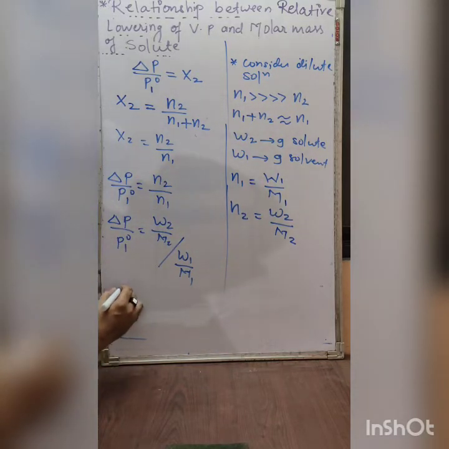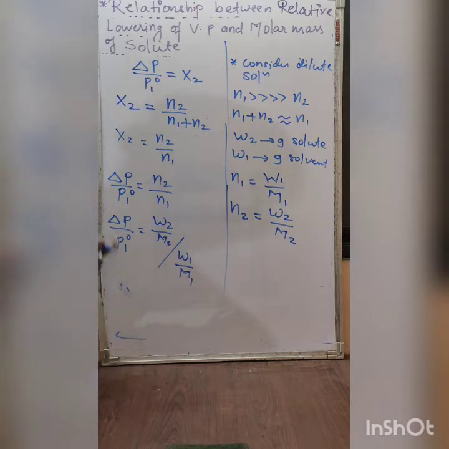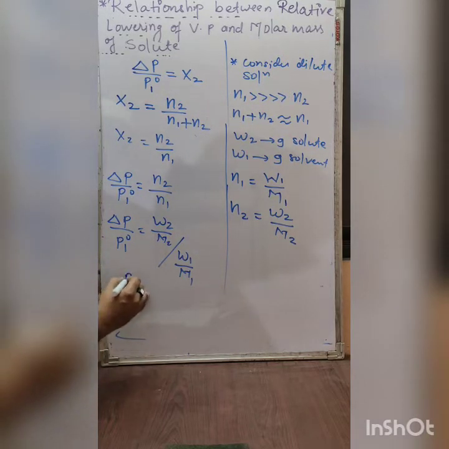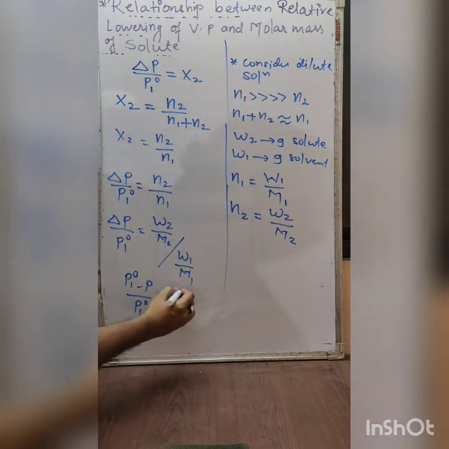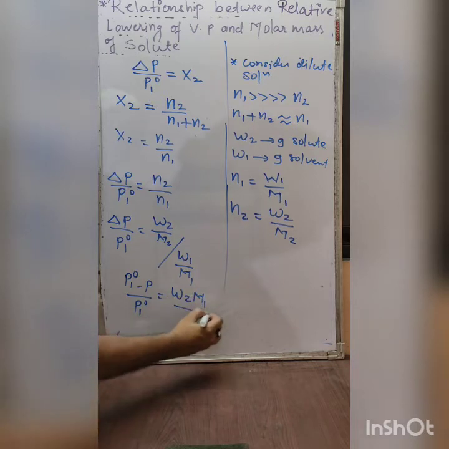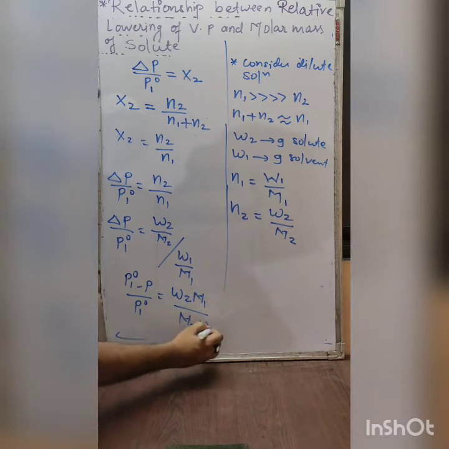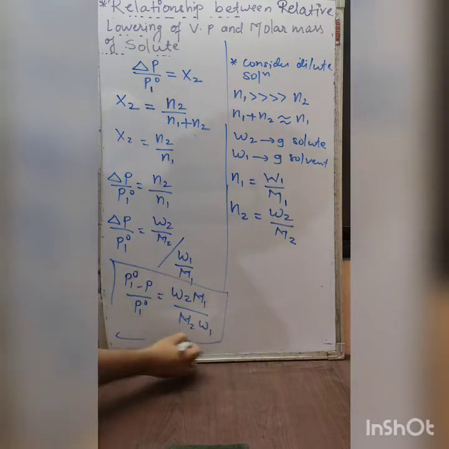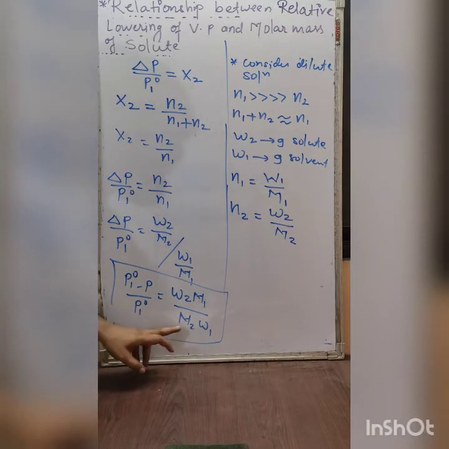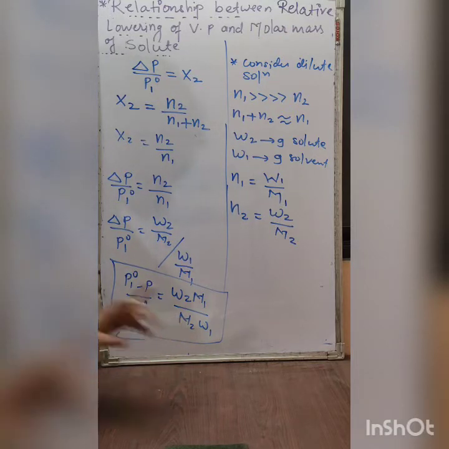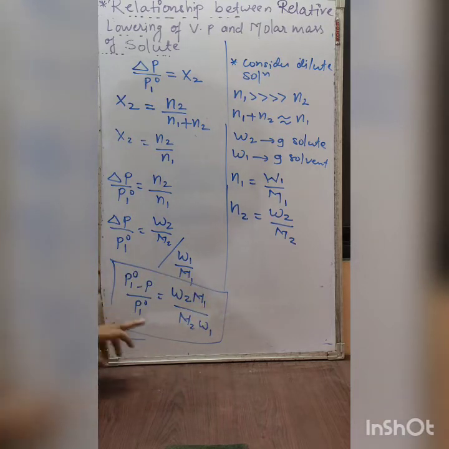In place of delta P I can write P10 minus P upon P10, which on arranging is equal to W2 M1 upon M2 W1. So we get this final equation here. By knowing all the quantities, with the help of this equation we can find out the molar mass of solute.